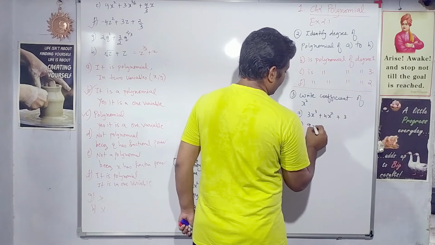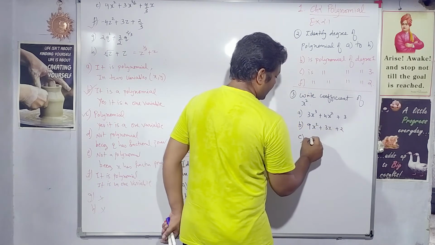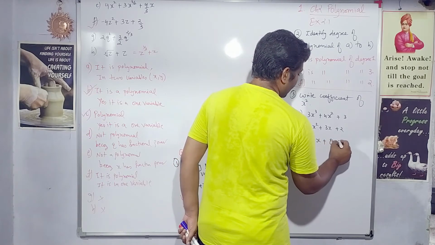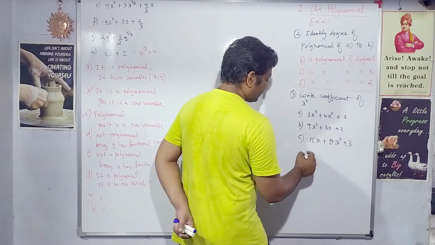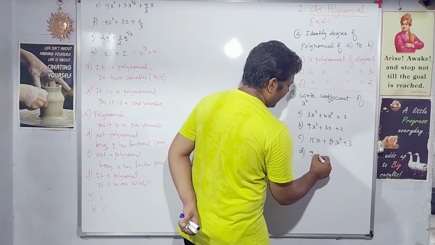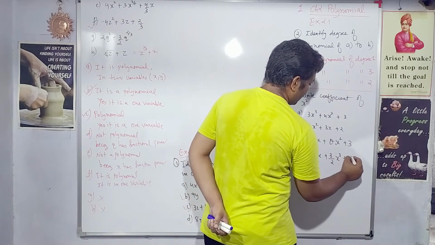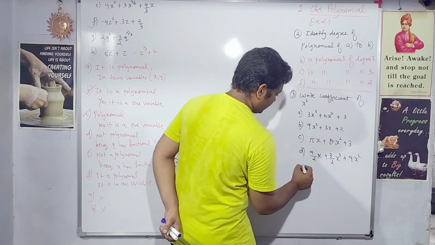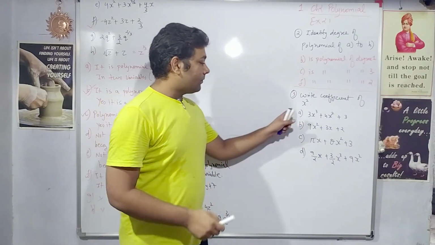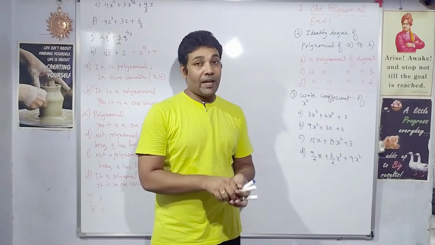B, 9x square plus 3x plus 2. C, pi x plus theta x square plus 3. D, 9 by 2 x plus 3 by 2 x cube plus 9x square, right? So for all 4 we have to identify the coefficient of x square.